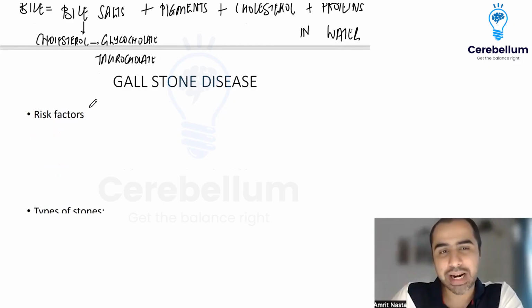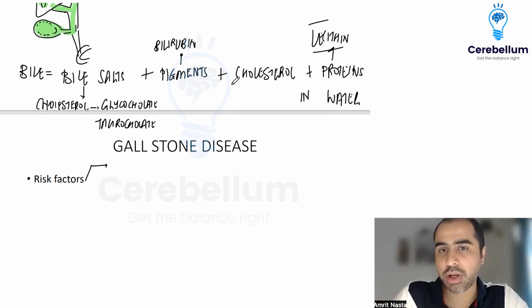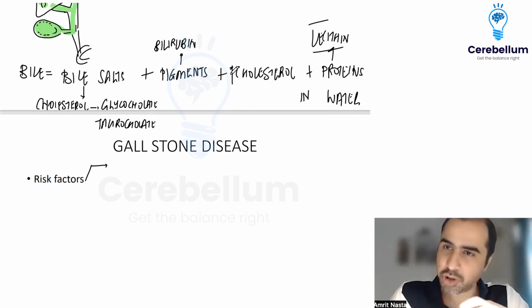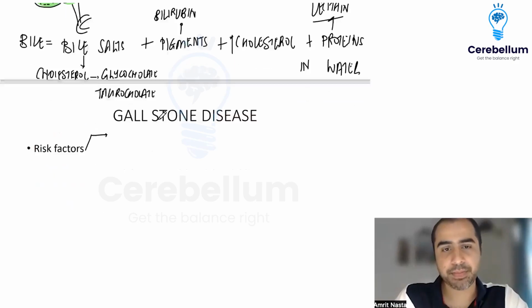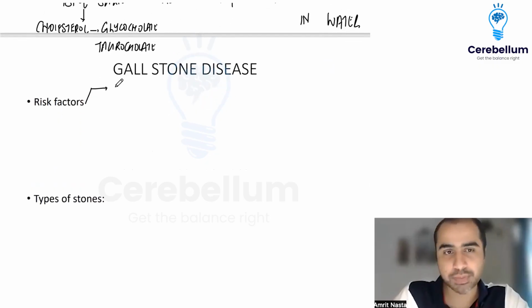So who will get gallstones? You know, in childhood you were taught fat, fertile female of 40. Why do they say that? Understand it. Let's take the easy one. If there is too much cholesterol in the bile, then it will form cholesterol stones. So one of the risk factors is cholesterol. Why will cholesterol increase?